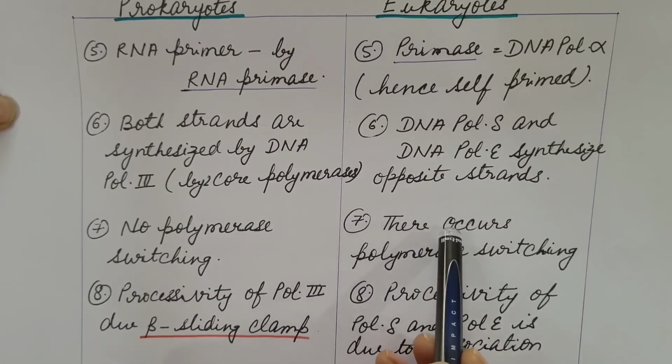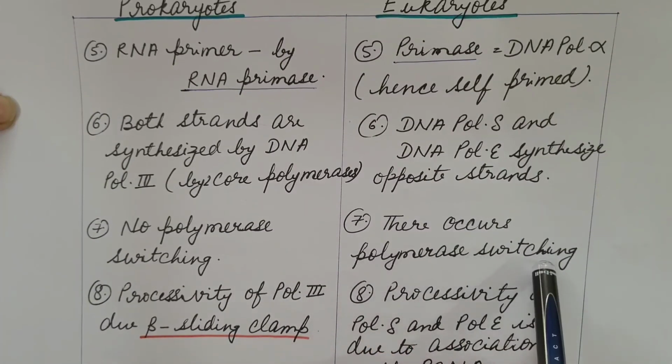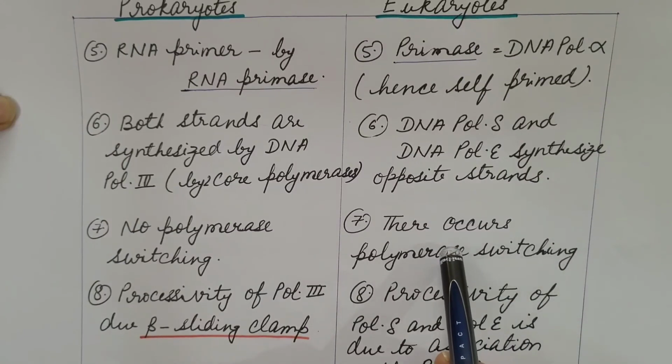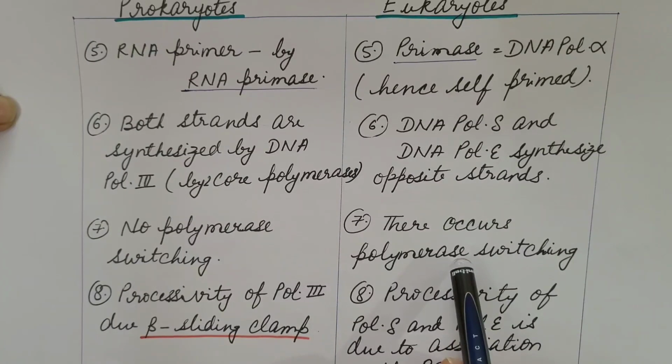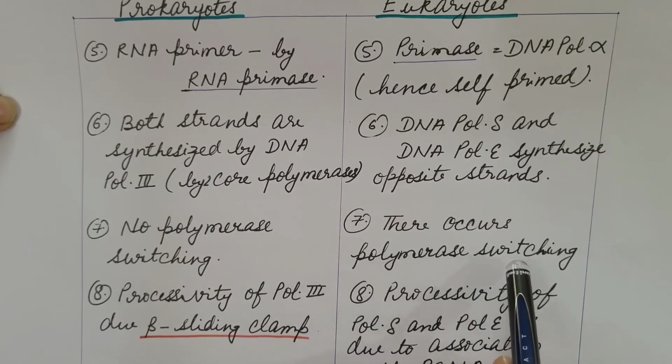In case of the eukaryotes, polymerase switching occurs. First of all, DNA polymerase alpha synthesizes the primer and then a small stretch of the DNA. And then it is replaced by the major replicative enzyme, DNA polymerase delta or DNA polymerase epsilon. This is known as polymerase switching.